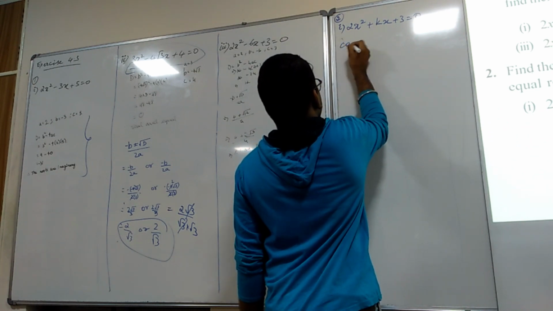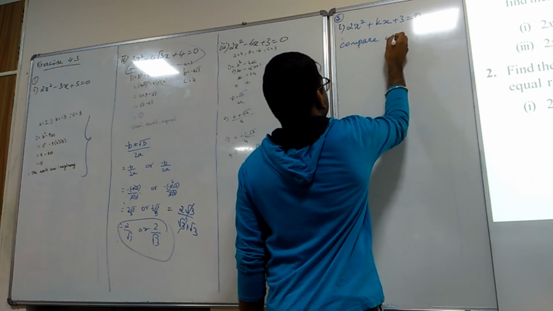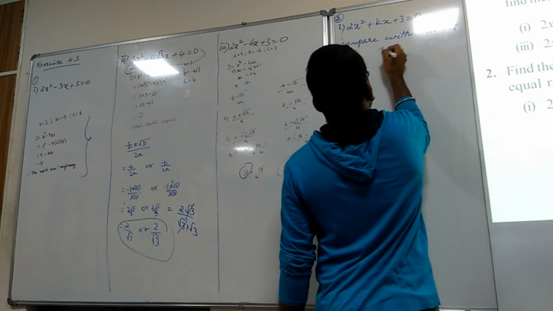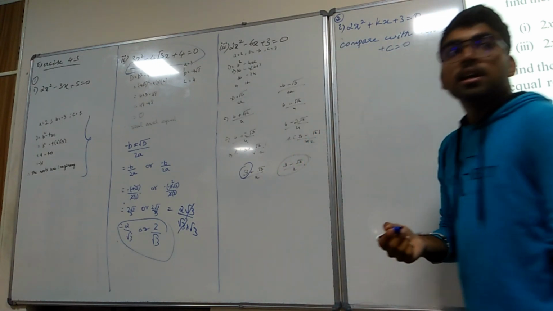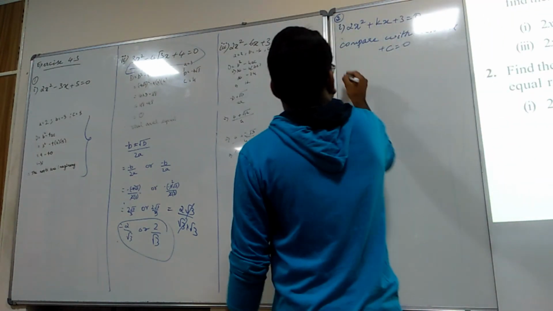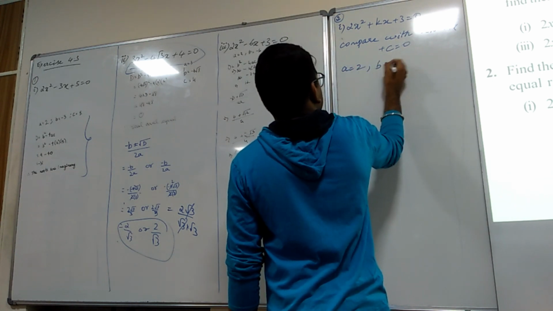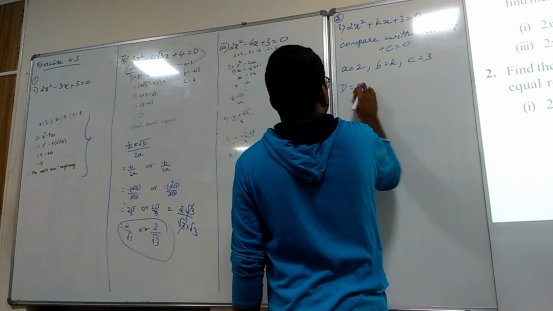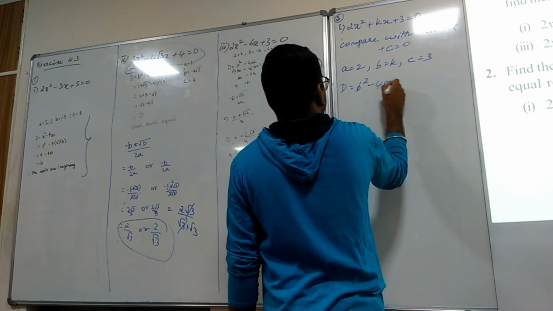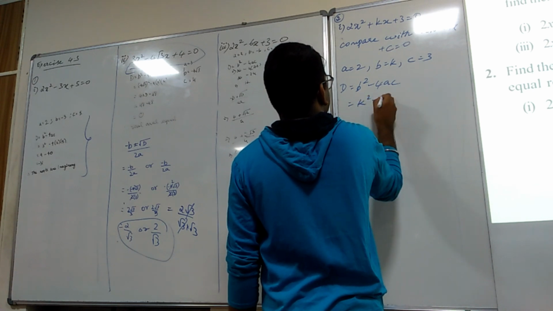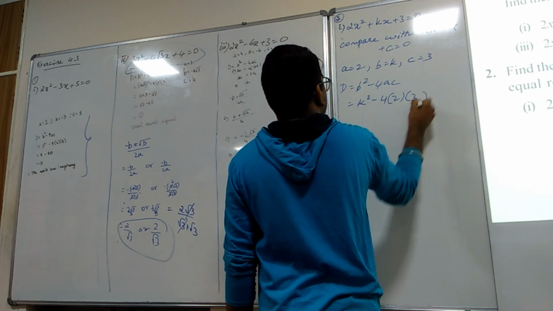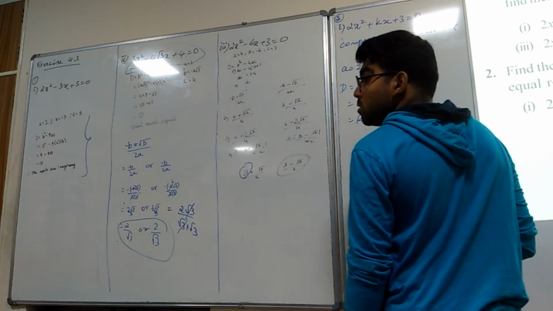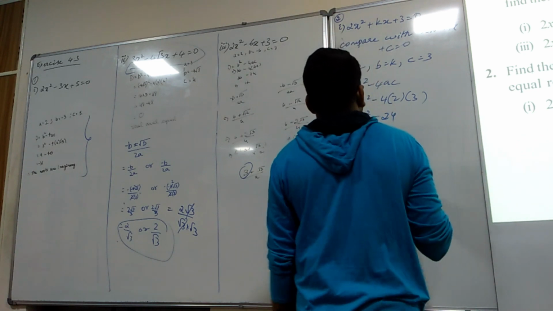2x square plus kx plus 3 equals to 0. So compare with ax square plus bx plus c equals to 0. Yes. So what is a, b, c? D is equal to k square minus 24.